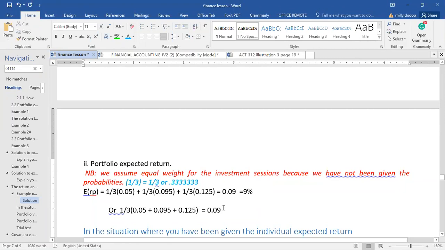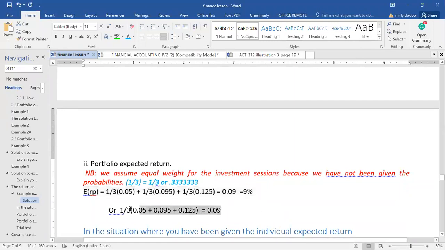and I will also get the 0.09. But I always recommend the students to use the one I have highlighted, because your chances of making a mistake using the highlighted one are very, very minimal.